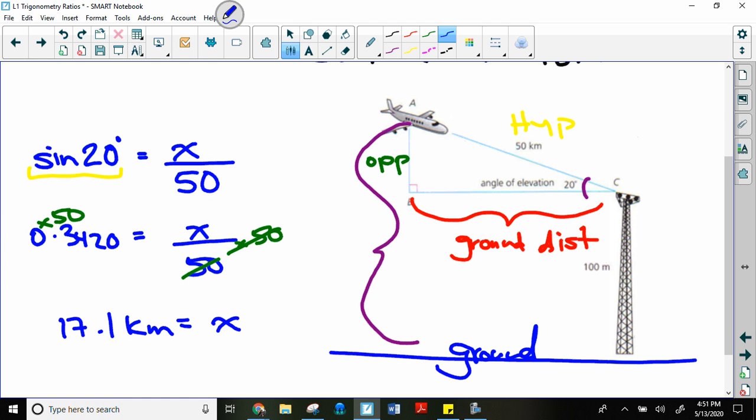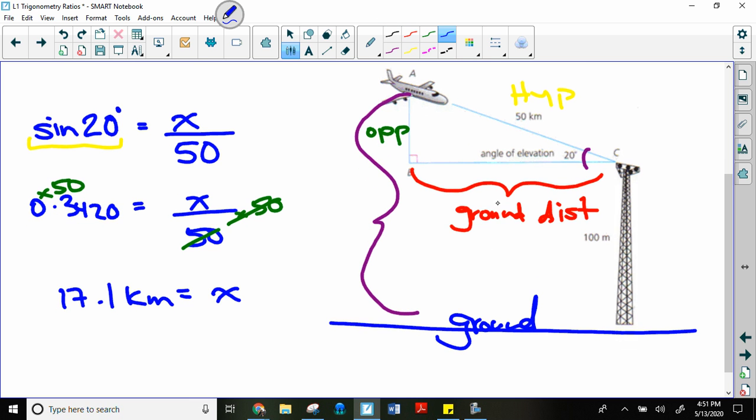That's a little bit of a difference maker because they're giving us 100 meters. How much of a kilometer is 100 meters? There are 1,000 meters in 1 kilometer. So the tower is 100 meters, and to convert to kilometers we divide by 1,000.